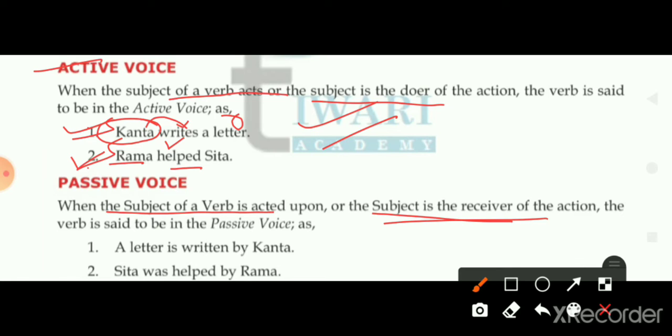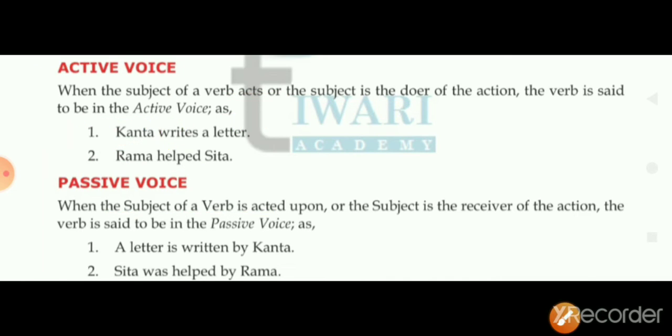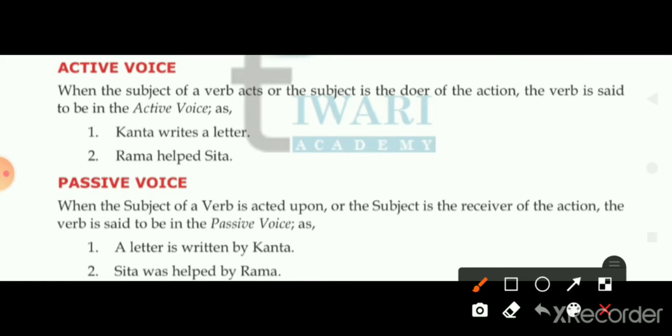So here you can see that the first example of active voice is given. Kanta writes a letter, which is in active voice. Now we are going to change this into passive voice. For passive voice, we put the object first.